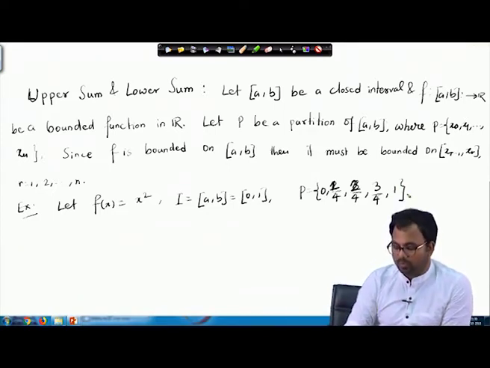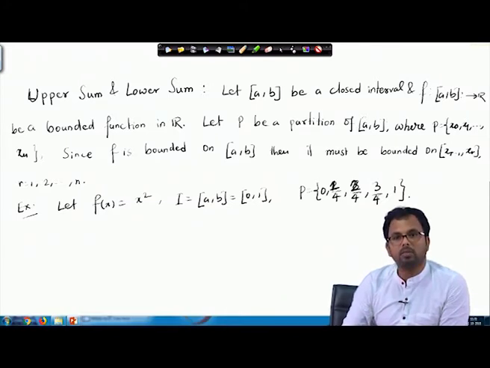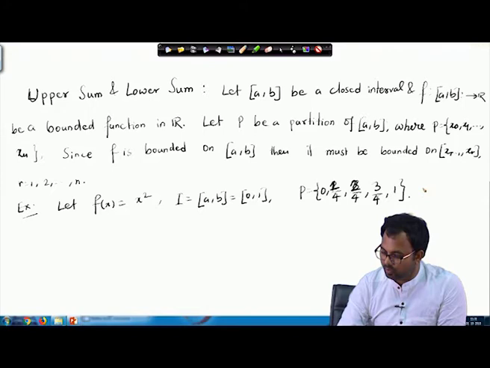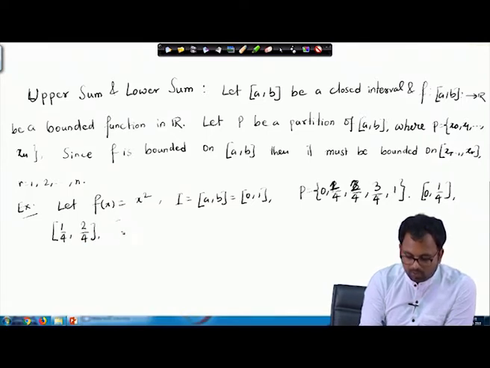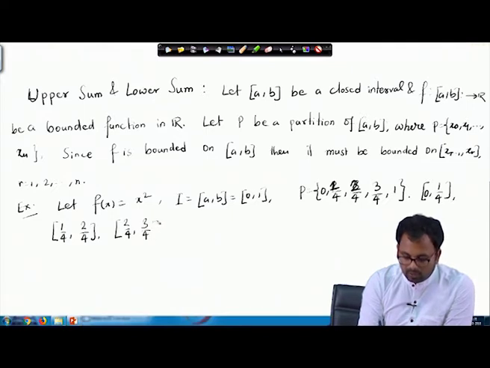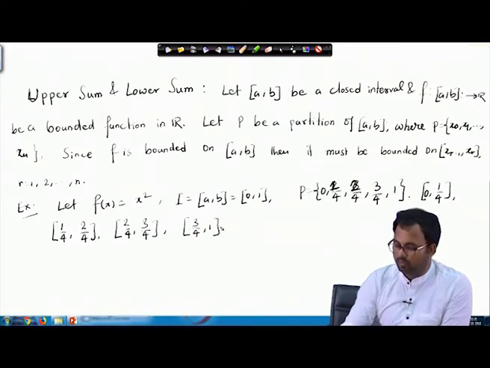We divide it into 4 intervals. Then this partition P divides the interval [0, 1] into non-overlapping subintervals. The possible subintervals are [0, 1 by 4], then [1 by 4, 2 by 4], then [2 by 4, 3 by 4], and finally [3 by 4, 1].